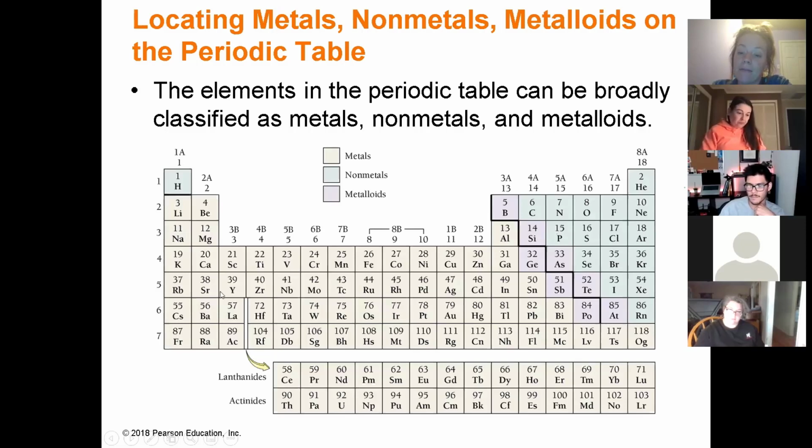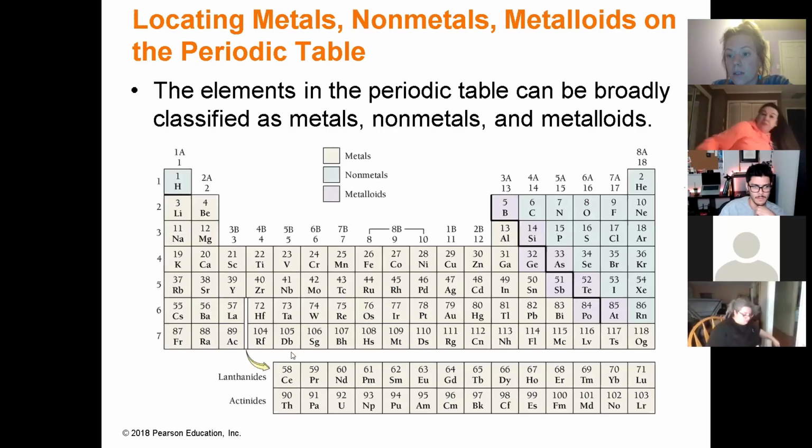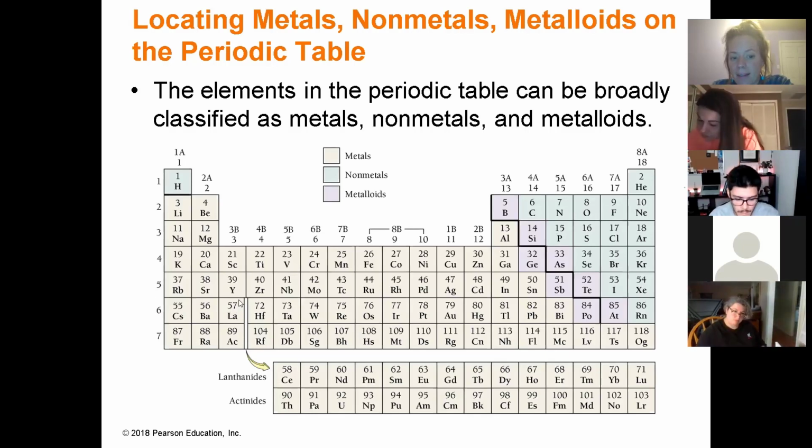Everything to the left and down of the zigzag line is classified as a metal, and that includes the lanthanides. So we can see down here, there's this group of elements. These are known as the lanthanides. They insert, and the actinides, these insert right in here. So if you go to our row 6 here, it's not like we go from an element with 57 protons to an element with 72 protons, and we just don't have any of the other atomic numbered elements.